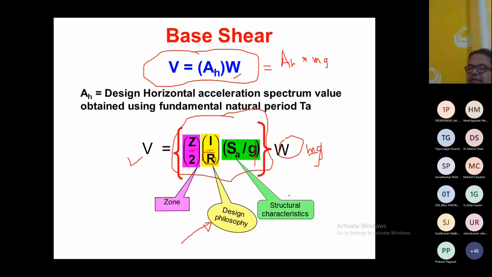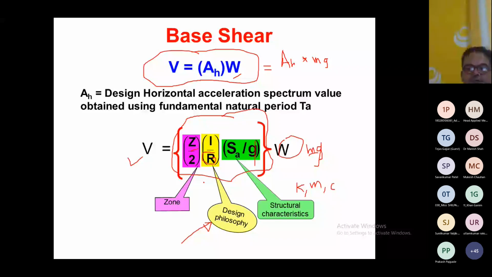Shaking of the foundation takes place, so how much acceleration your structure is going to experience depends on the structural properties: the stiffness of your structure, the mass of your structure, and the damping of your structure. And R is a design philosophy; we'll discuss that part.